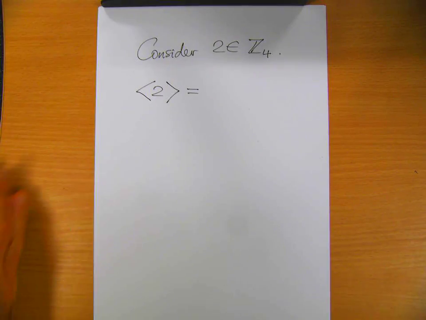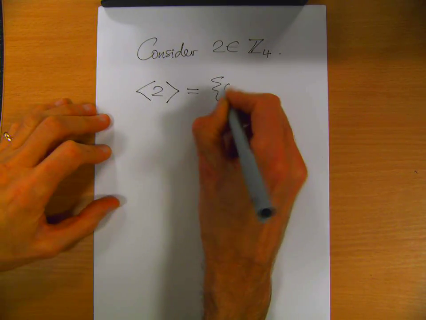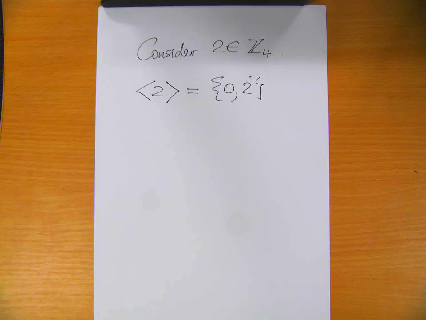What can I get by adding 2 to itself repeatedly? Well, I can get 2, but then if I do 2 plus 2, I get 0. And those are the only 2 things I can get. So by adding 2 together repeatedly, the only things I can get are 0 and 2.